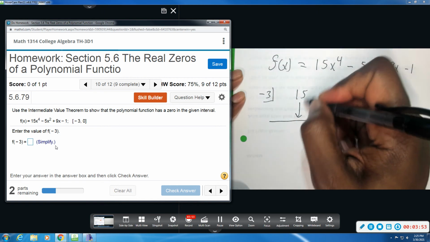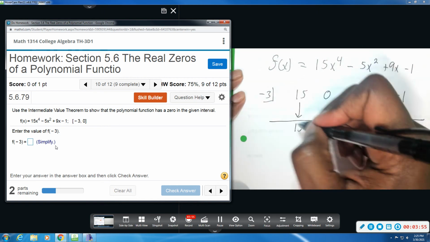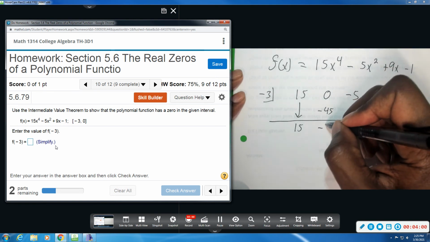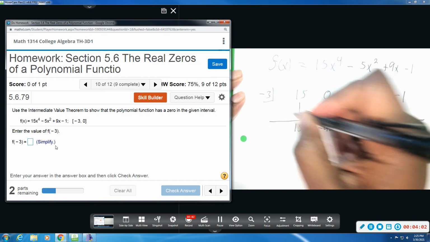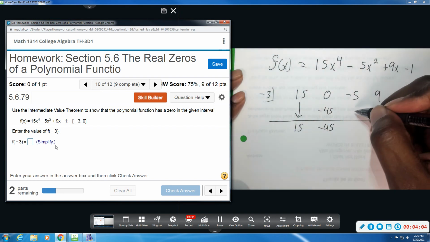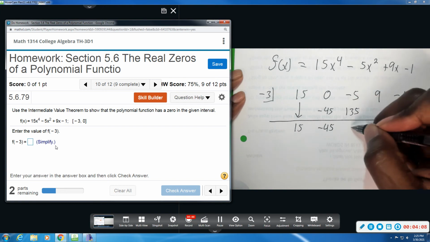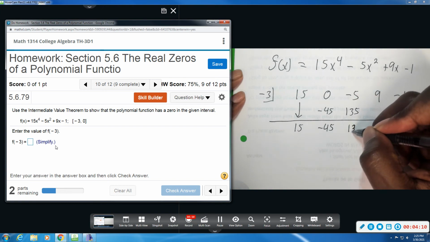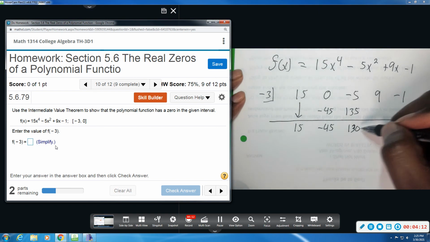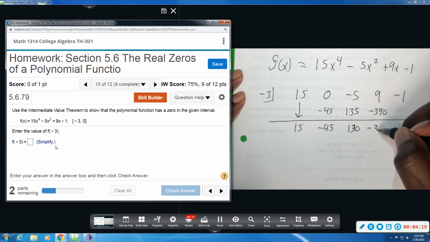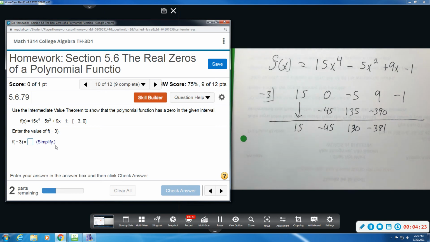Bring down 15 times -3, -45. Add to 0, -45. Times -3 will give us a +135. Combined, they get a +130. Times -3 will give me a -390. And when we add this gives me a -381. And then times -3, it's getting really big.